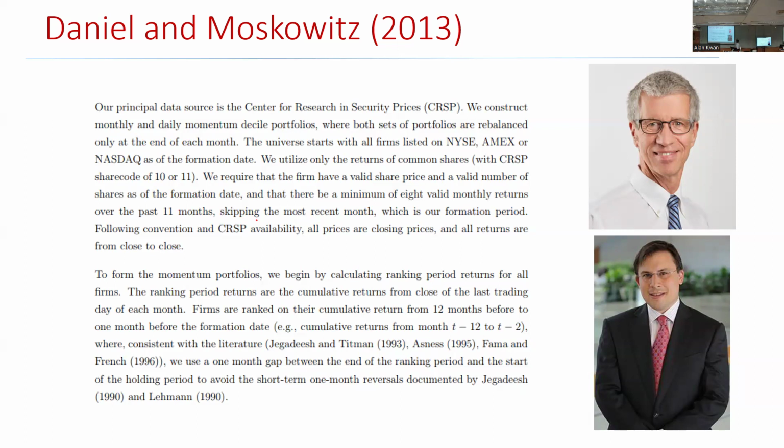We utilize the returns of common shares. In CRSP, there's a field called share code. In FactSet, it's called share type, and you write it as common. The alternative to share codes 10 and 11 is that they exclude ADRs. An American Depositary Receipt basically means a stock from a foreign country that is cross-listed.